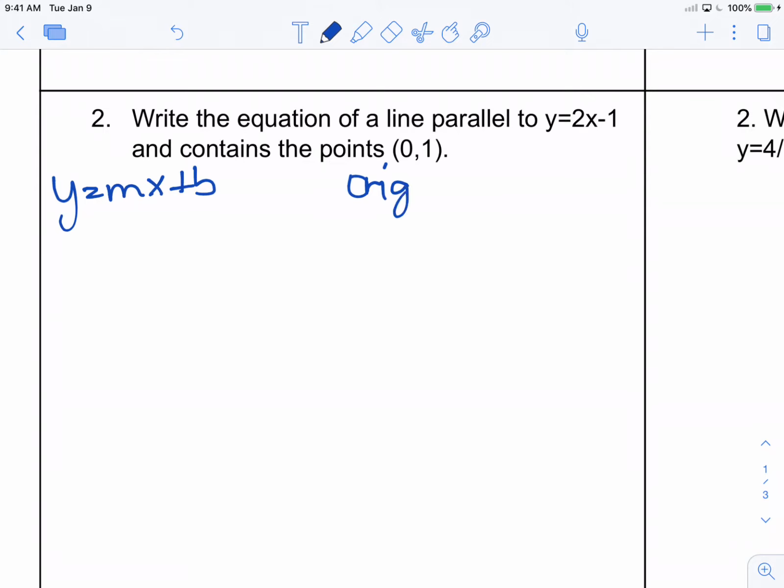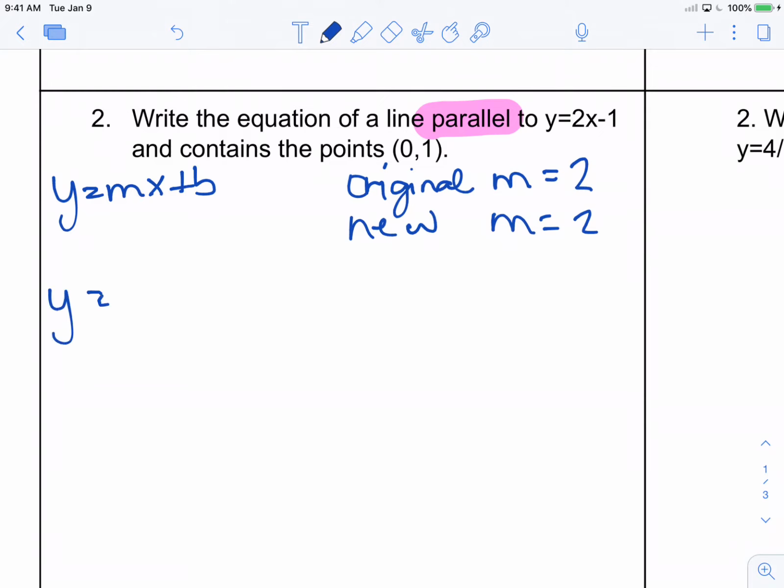In my original line, my m was 2. In my new line, my m is also going to be 2 because the line is parallel. Okay, so I have now y equals 2x plus b. I don't know what the y-intercept is. I'm just given a point.